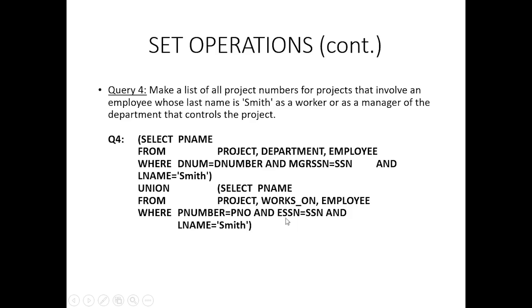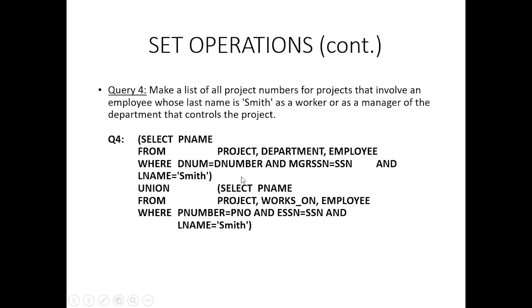ESSN is a foreign key in this works on relation, and their L name is equal to Smith. So if he is working as an employee for some particular project, then that particular project name will be returned.